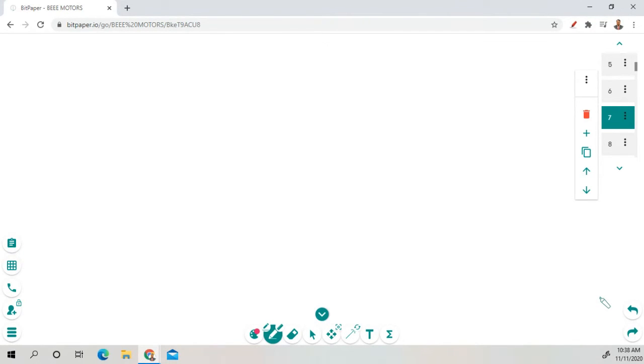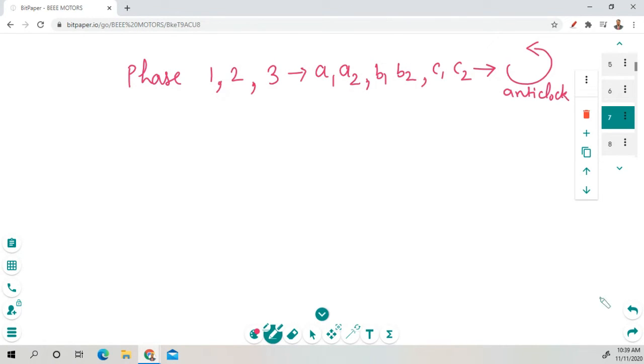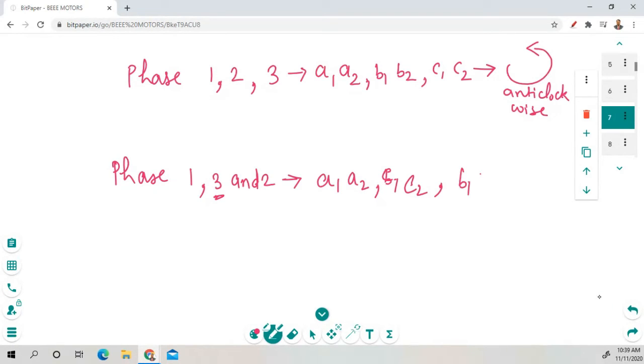Three phases are generated. So let's suppose that we have phase 1, 2, and 3, and these phases are generated by A1, A2. When phases like 1, 3 and 2 are generated, like here A1, A2, this is the third phase, so C1, C2, then B1, B2.